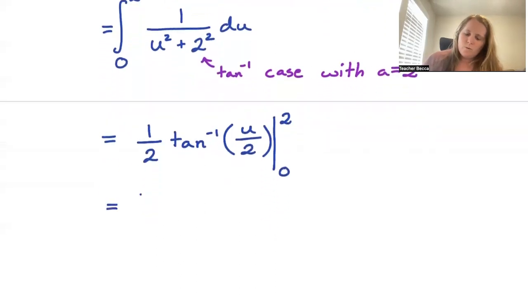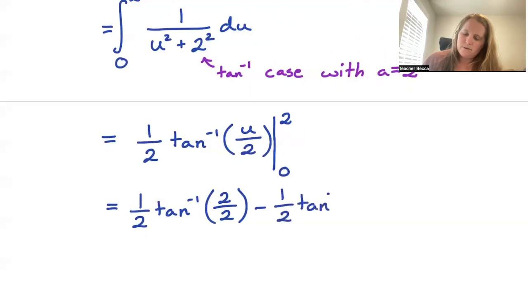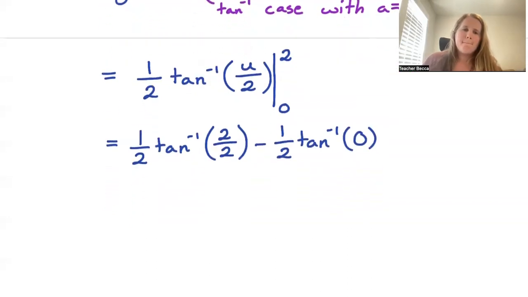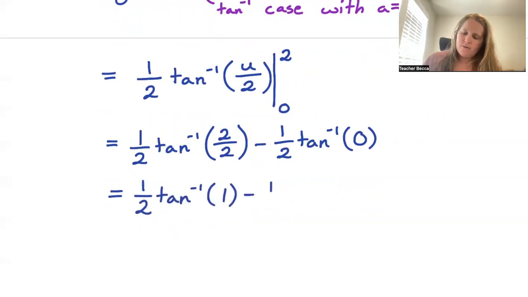So this becomes 1/2 tan inverse of 2 over 2 minus 1/2 tan inverse of 0. We're looking at 1/2 tan inverse of 1 minus 1/2 tan inverse of 0.